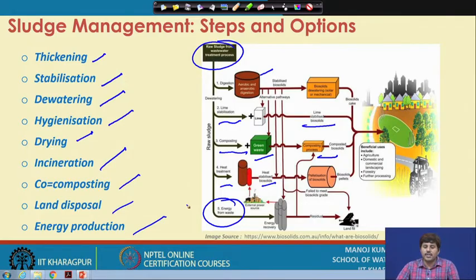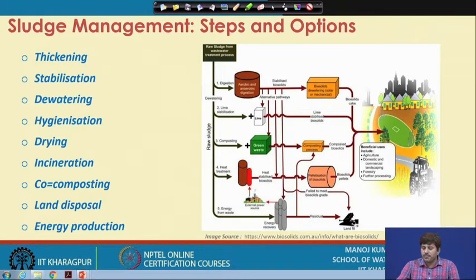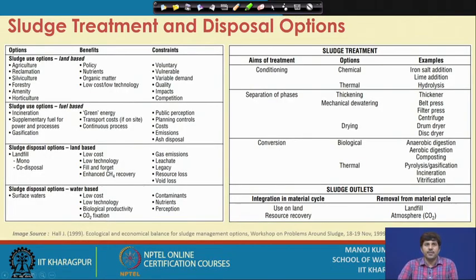We can recover energy by incinerating, or from the digestion process as well, particularly anaerobic digestion. So there are various steps which can be taken for handling the sludge being generated.